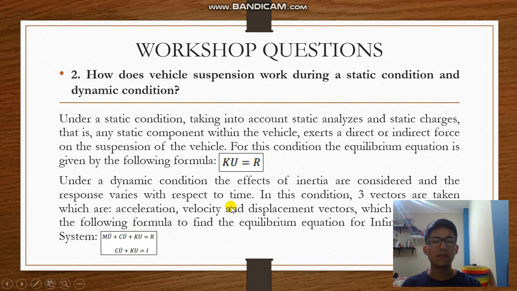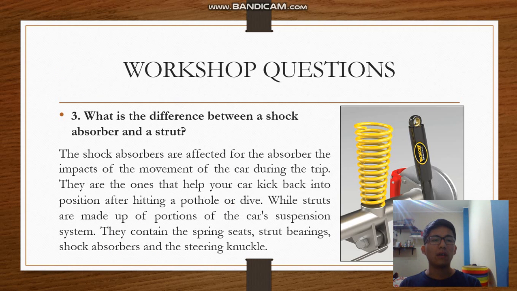Well, in the third question, what is the difference between a shock absorber and a strut? And we can see in the picture the two components, the shock absorber and the strut. The shock absorbers absorb the impacts of the movement of the car during the trip.